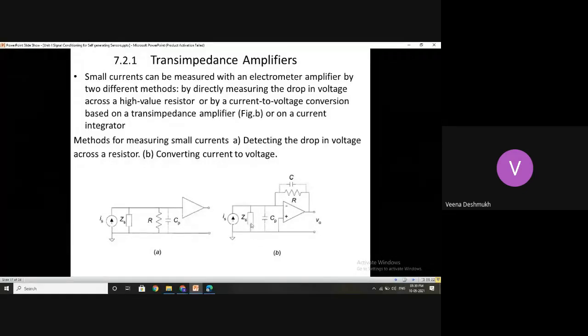Here even your ZS, that is the source impedance, considers the impedance of the source, the resistance RS plus, if it is AC, the inductive or capacitive part, that comes in parallel with this R. So like this, the total impedance is no longer a pure resistance, it is impedance. It is dependent on these two parallel combinations.